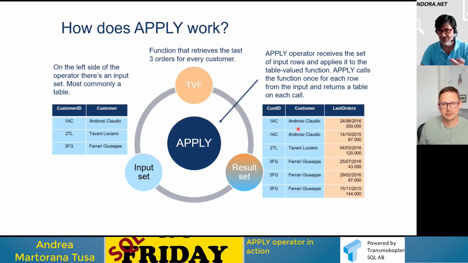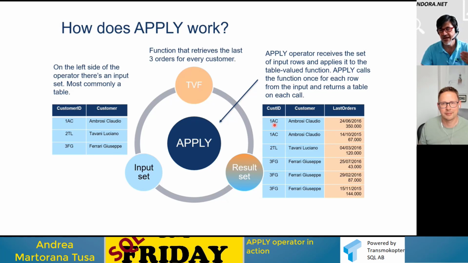I understand it is probably not easy to follow how it works, but if you take a look at the output, then you probably understand the concept better. As an input, I am passing one table with one row for each customer.